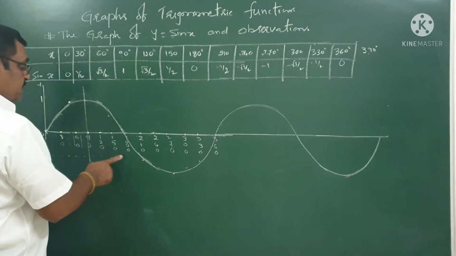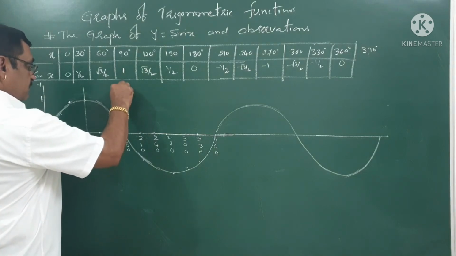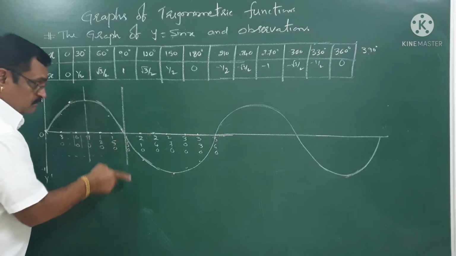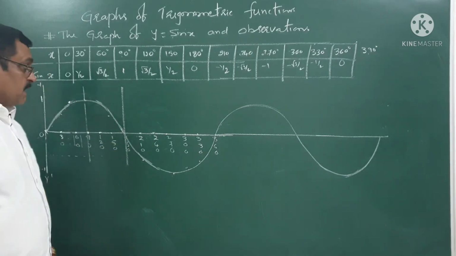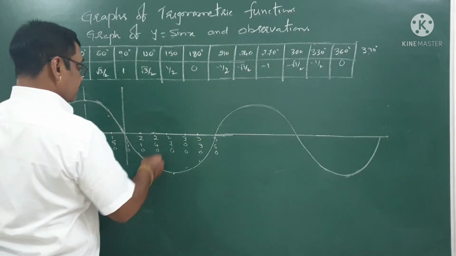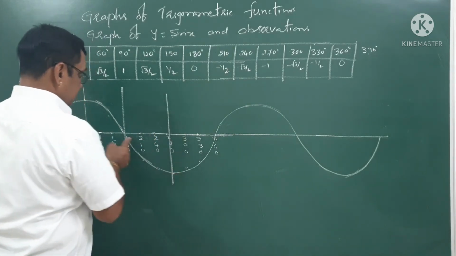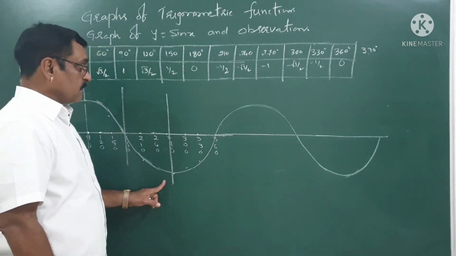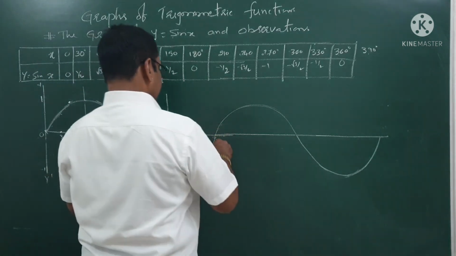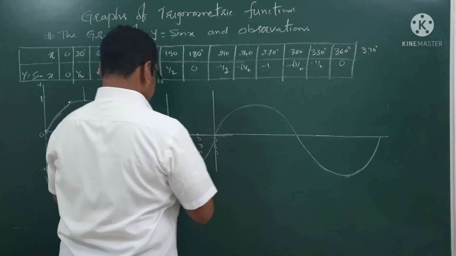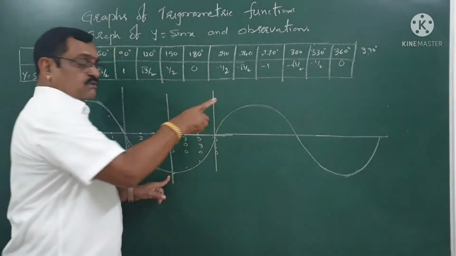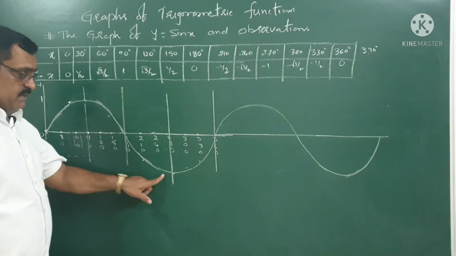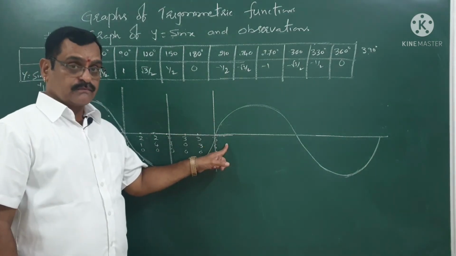Between 90 to 180, in the second quadrant, the graph is decreasing from 1 to 0. Between 180 to 270, in the third quadrant, it is decreasing further from 0 to minus 1. And between 270 to 360, the graph again increases from minus 1 to 0. 0 to 1, 1 to 0, 0 to minus 1, minus 1 to 0.